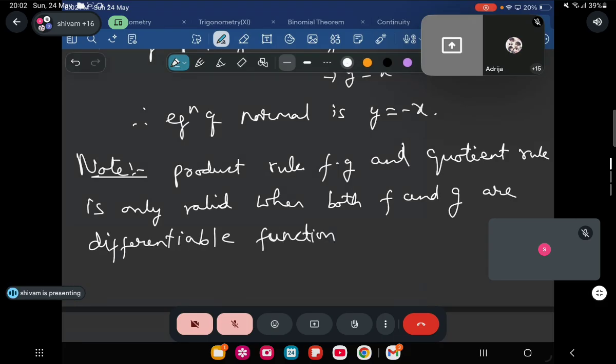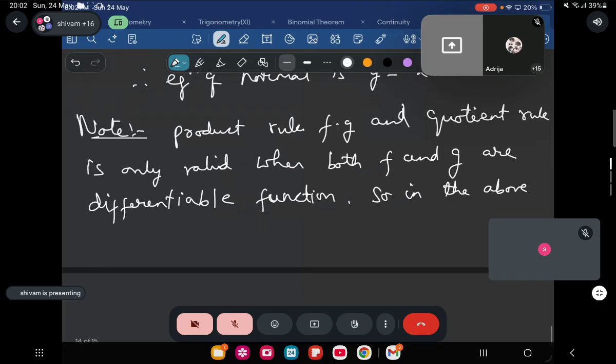So in the above question, we should not apply the quotient rule.